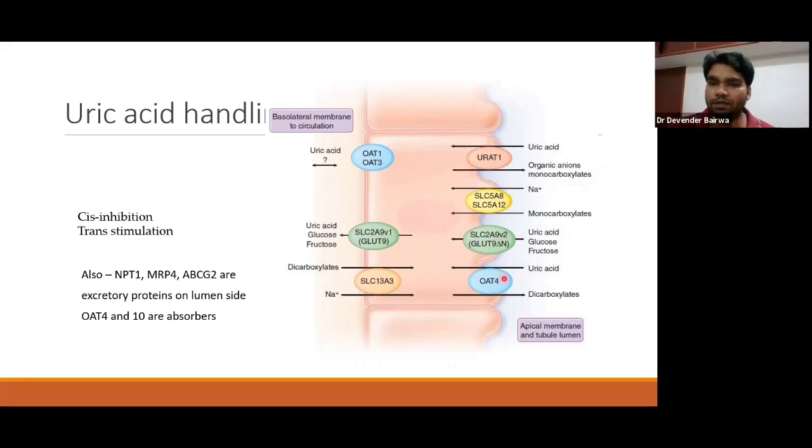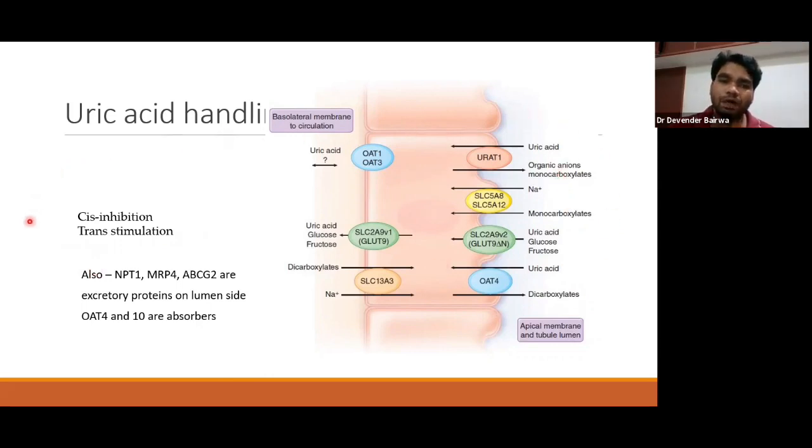This is known as cis inhibition, because uric acid absorption is increased. Or there can be drugs which help the release of uric acid from the body. In that case, it is known as transstimulation. Both of these processes occur on the apical surface only.